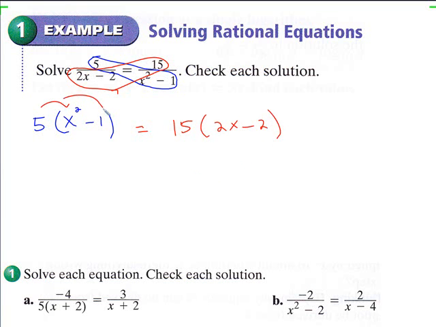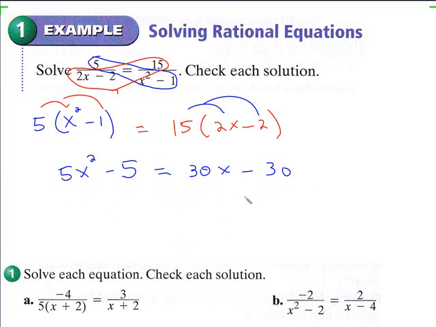So we'll distribute here. We're going to end up with 5x squared minus 5 is equal to 30x minus 30.